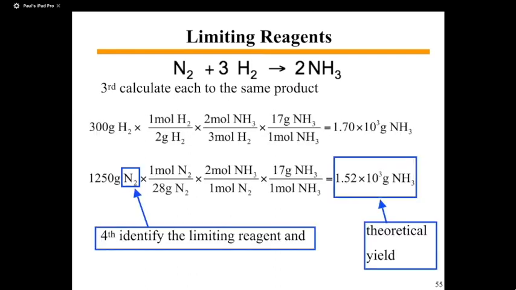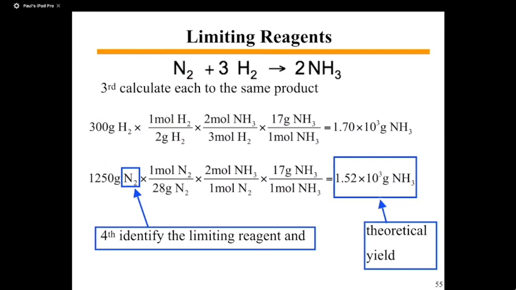And if you look at this, 300 grams of hydrogen will produce 1,700 grams of ammonia, and 1,250 grams of nitrogen will produce 1,520 grams of ammonia. Okay? The 1,250 was actually the limiting reagent that produced the least.